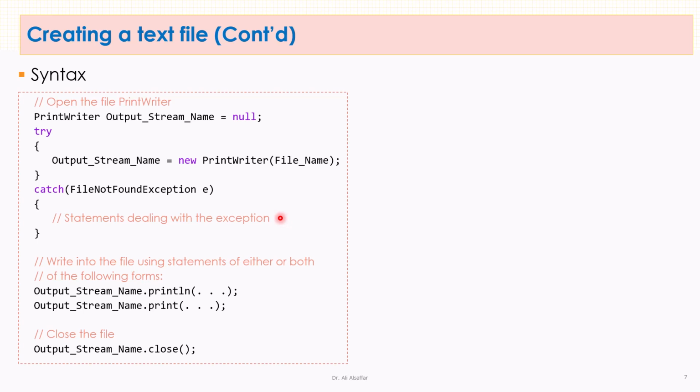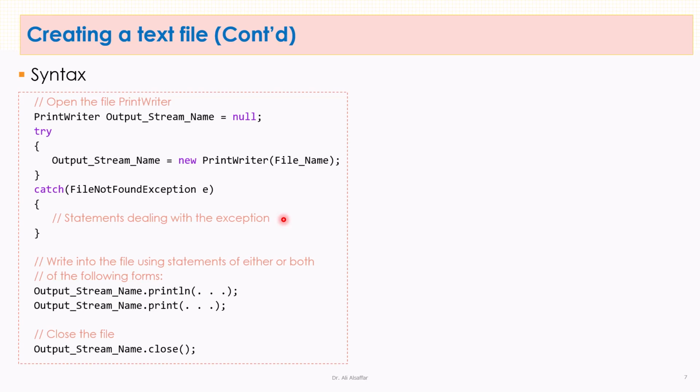Notice that the output stream variable name is not declared inside the try block. We are declaring the variable before entering the try block and initializing it to null. And inside the try block, we are creating an output stream object of type PrintWriter, and its reference is assigned to the variable. Why are we doing that and not declaring the variable inside the try block?